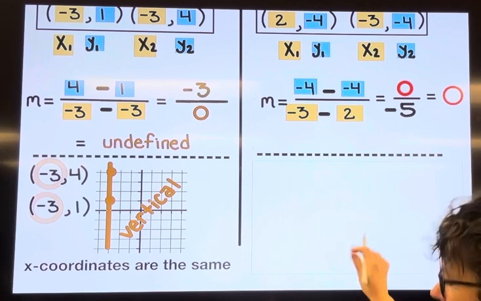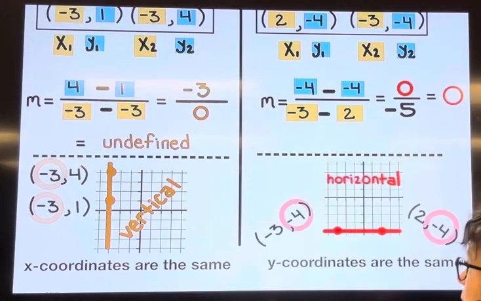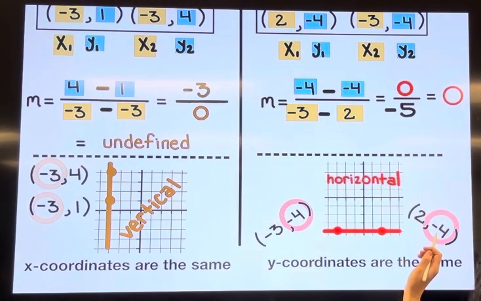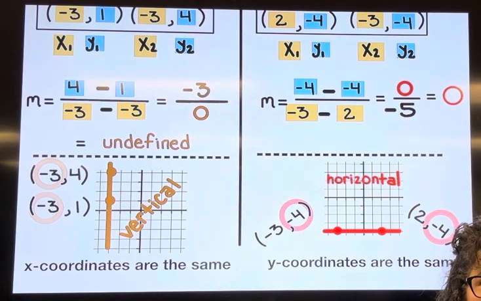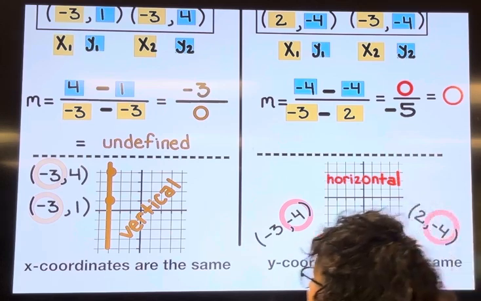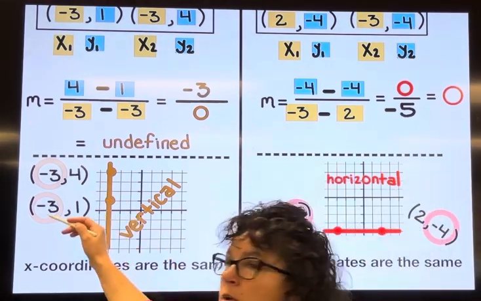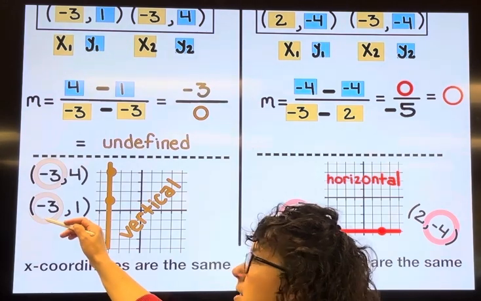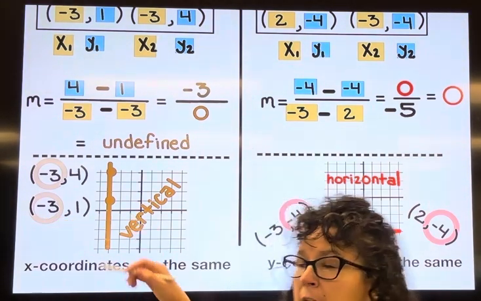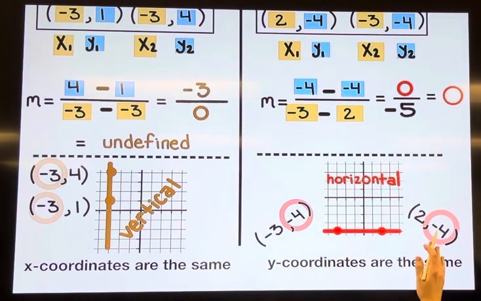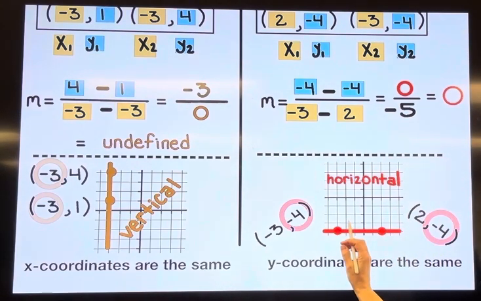And then with this one, if I would have noticed that the y coordinates of the points were the same, then they're at the same height, so the line's going to go straight across, and so the slope is going to end up being 0. So one more time, that quickest shortcut is to notice the 2 points that are given to you. If the x coordinates are the same, the slope is undefined, or if the y coordinates are the same, then the slope is 0.